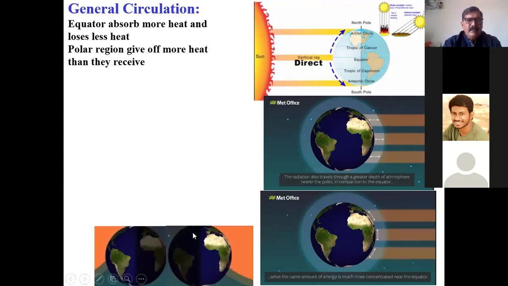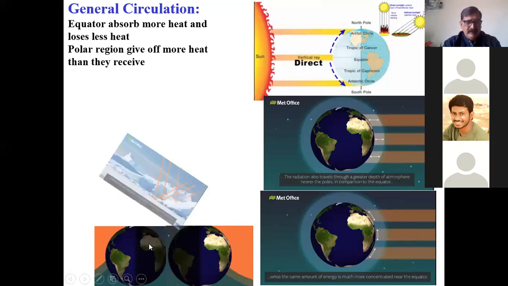In this way, there is the heating in the winter season and the heating in the summer season, covering different areas of the earth.